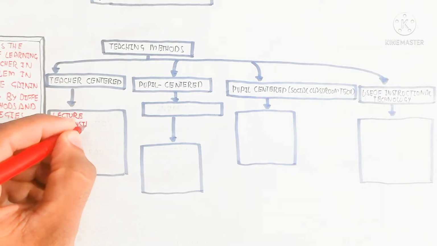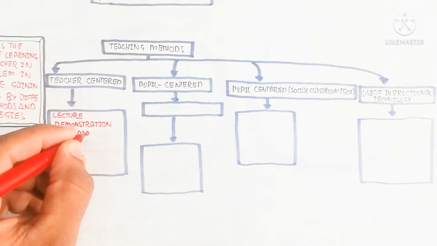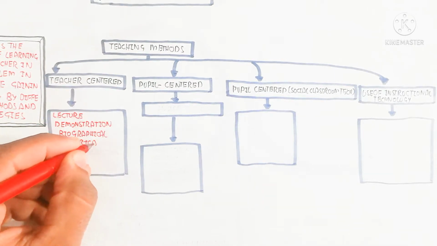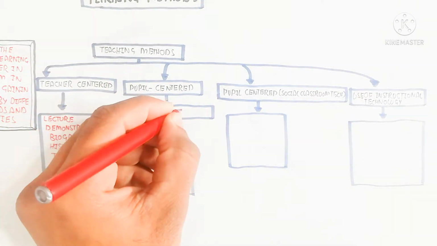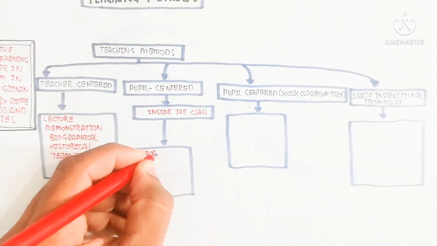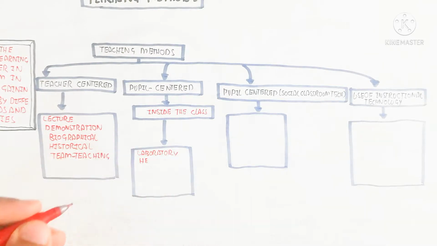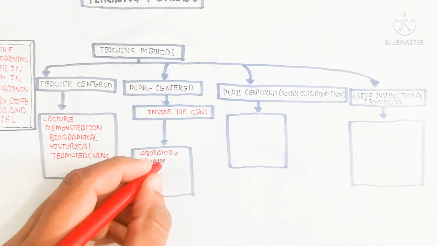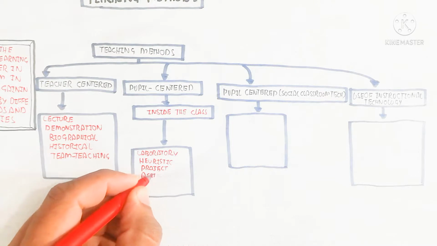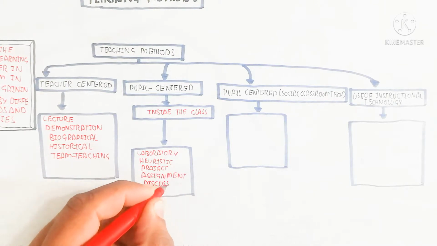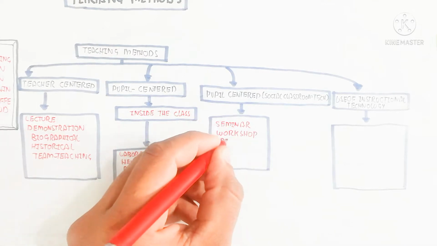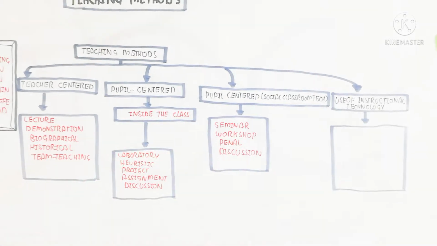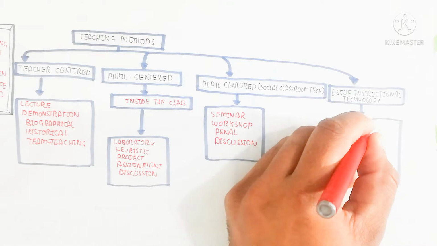The teacher centered methods can be the lecture through the teacher, demonstration, biographical, historical, and team teaching. On the other hand, the pupil centered methods are inside the classroom and the laboratory: heuristic, project, assignment, and discussion, provided by the teacher.